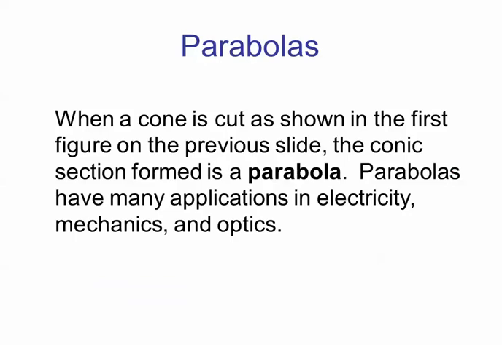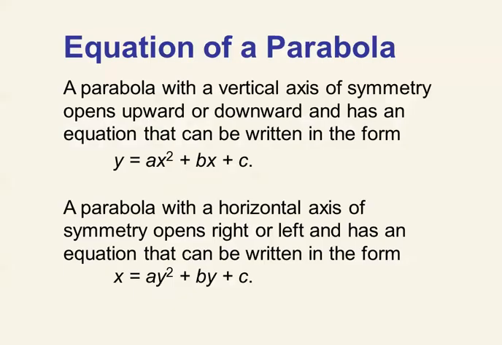Okay, so the conic section that's a parabola, I'm going to go through this kind of quickly because we've just covered this and this should all be fresh in your mind. But there are a lot of applications for parabolas in physics, electricity, mechanics, and optics. Okay, so we know what the equation of a vertical parabola, opening upward or downward, is. If we just flip the x's and the y's, we'll get one that opens left or right.